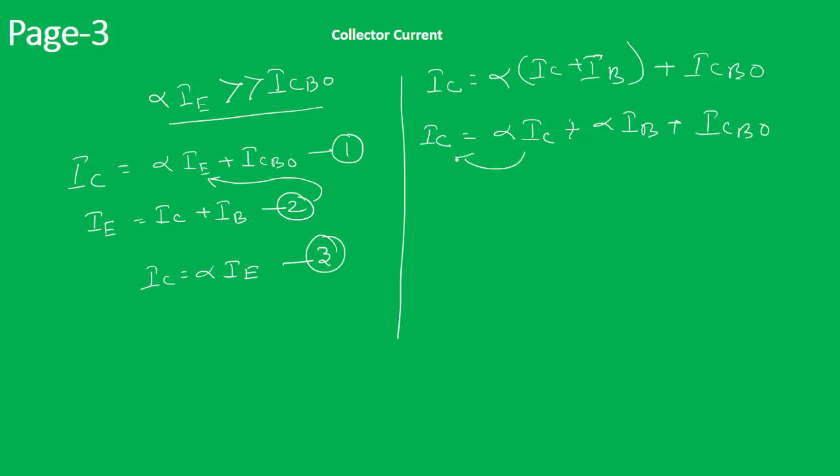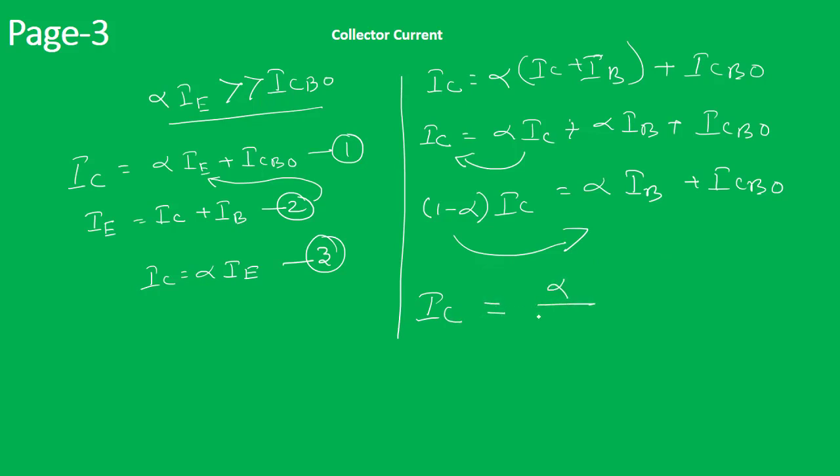If I take it to the other side and take IC common, then we have (1 minus alpha) into IC is equal to alpha IB plus ICBO. Taking it to the right hand side, we get the expression for the collector current IC is equal to alpha divided by (1 minus alpha) into IB plus 1 by (1 minus alpha) into ICBO. Call it equation number 4.